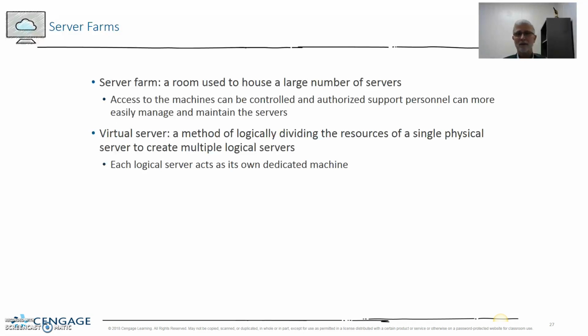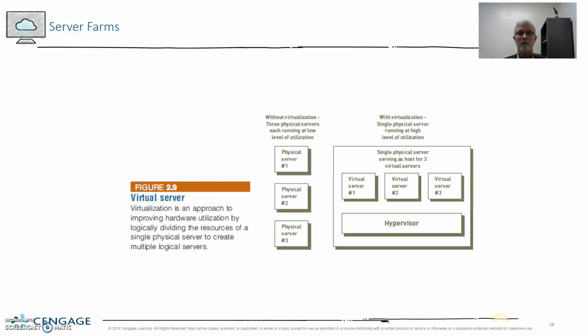VMware is probably the biggest manufacturer of that software. Basically it has one physical box, and on that will be a bit of software called a hypervisor that controls the individual virtual machines. So you're loading software in that acts like a physical machine, and you can't tell the difference.